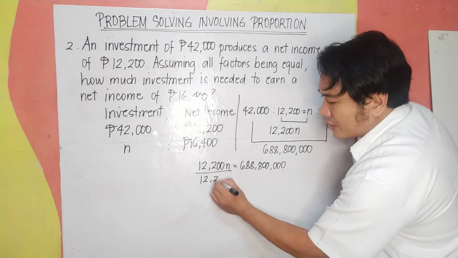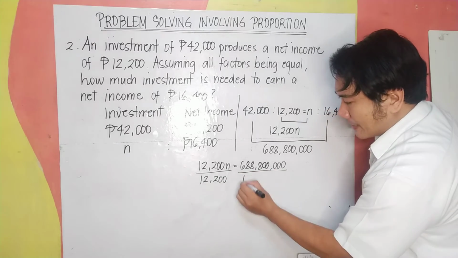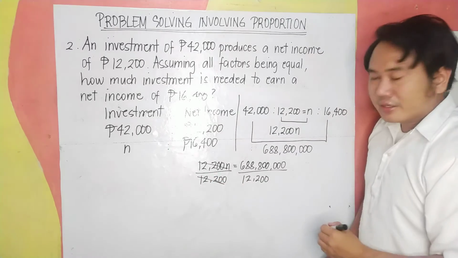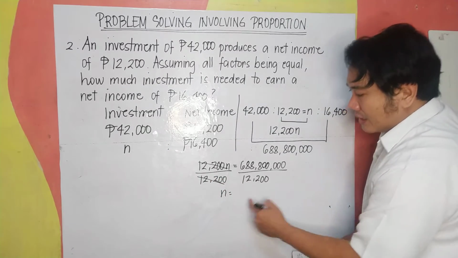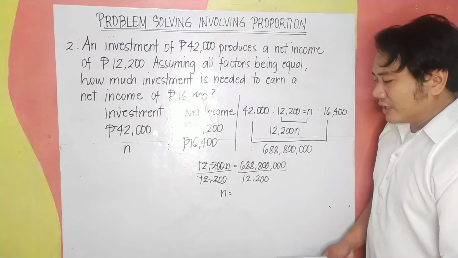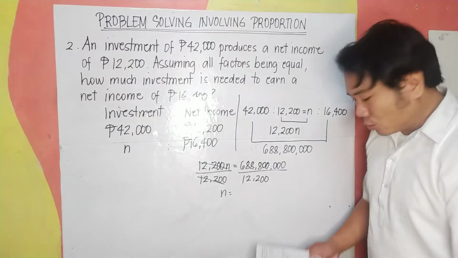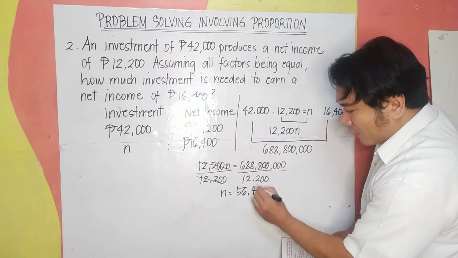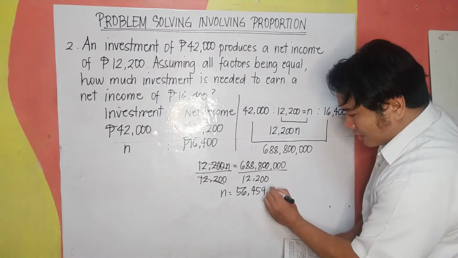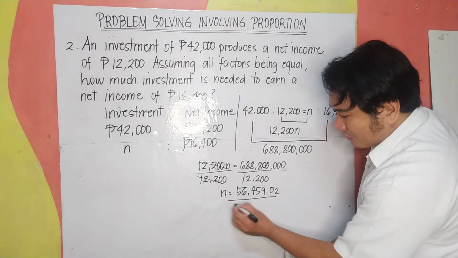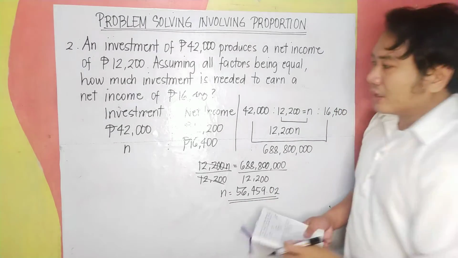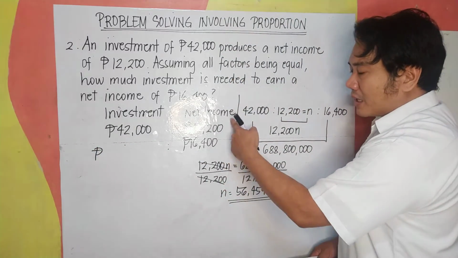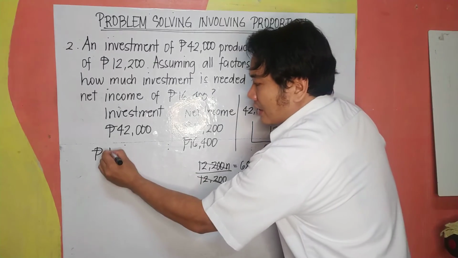You divide both sides by 12,200 to cancel the 12,200 here, leaving us with 688,800,000 divided by 12,200. The result is 56,459 pesos and 2 centavos. This is the required investment para magkaroon tayo ng net income na 16,400.